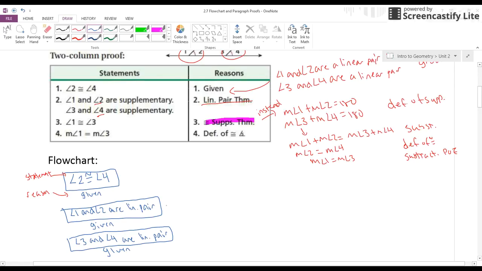What you want to do is link a box to the following statement, right?